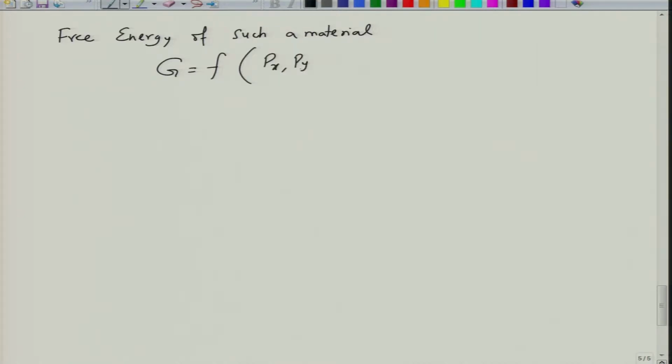You can take three components of polarization, Px, Py, Pz. It is also a function of components of stress, sigma x, sigma y, sigma z. Instead of writing this, I can just write it as a function of Pi, where i could be 1, 2, 3, and then you have sigma ij, the stress tensor, and then of course temperature.